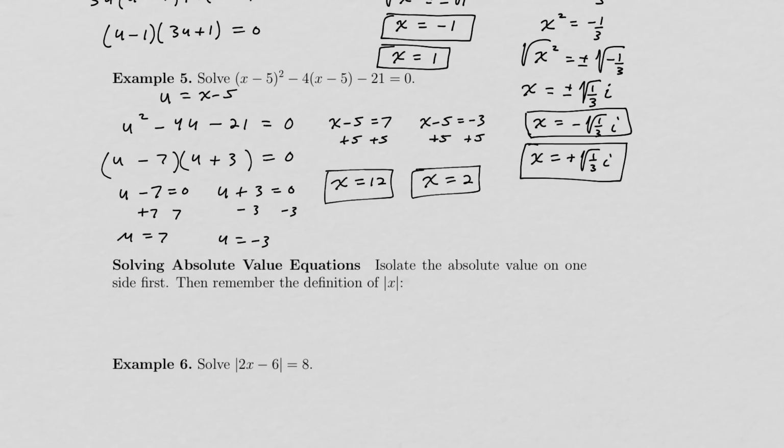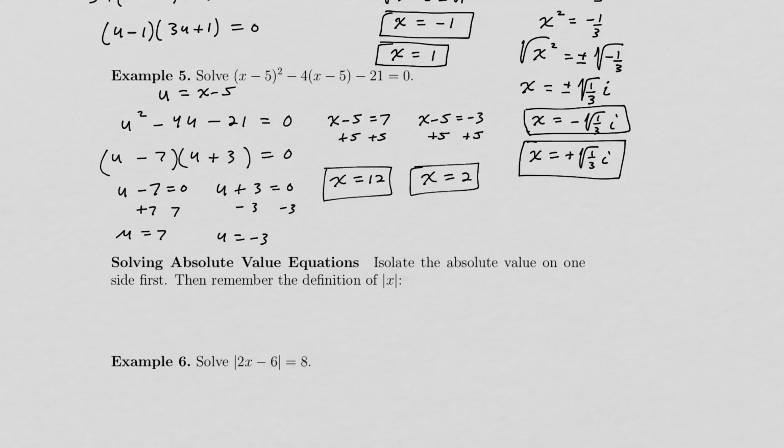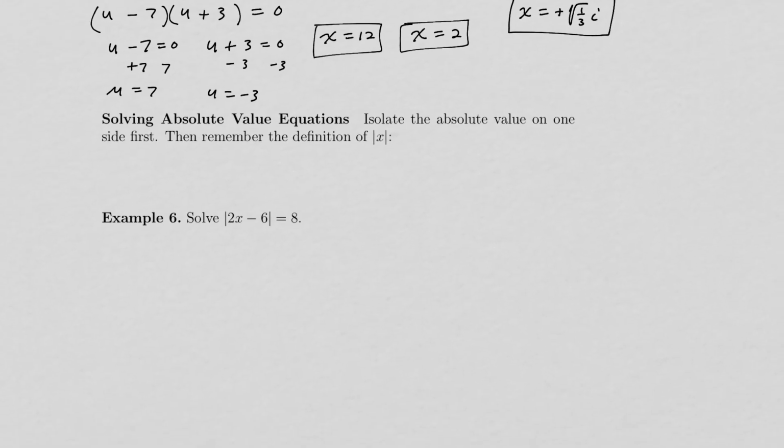So remember what absolute value means, right? If I have, let's say, the absolute value of a is equal to 5, what does that mean?